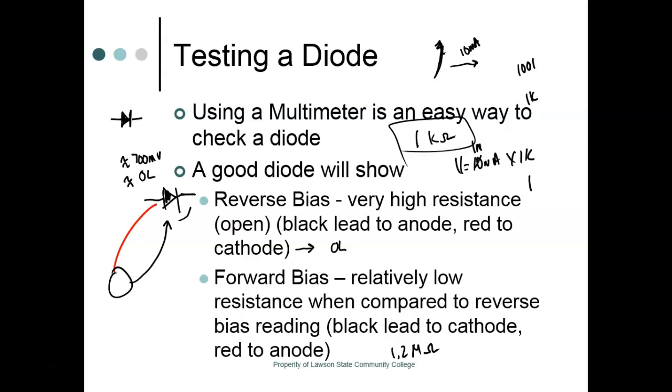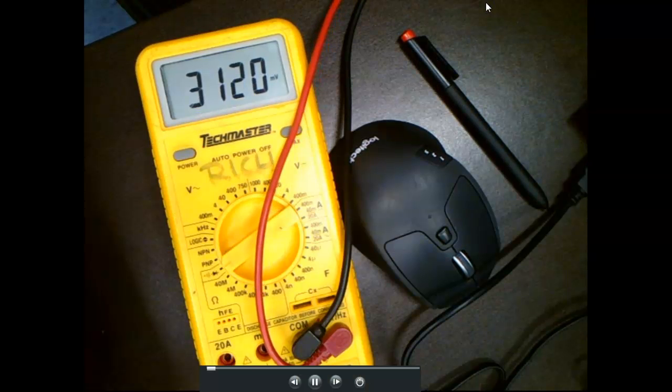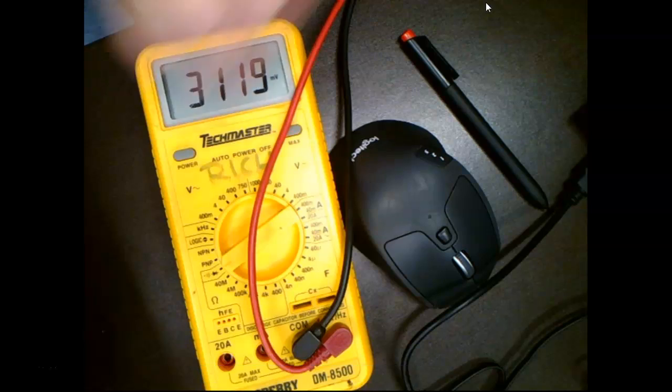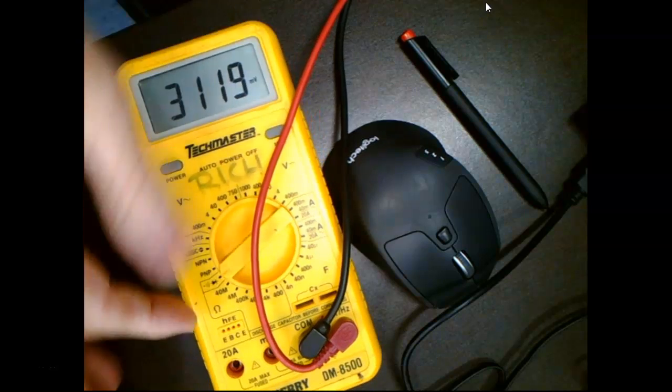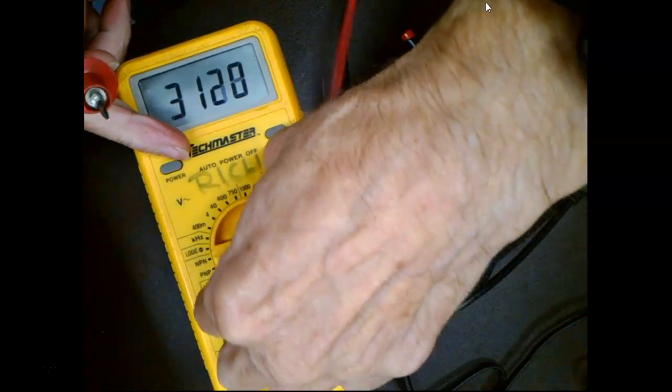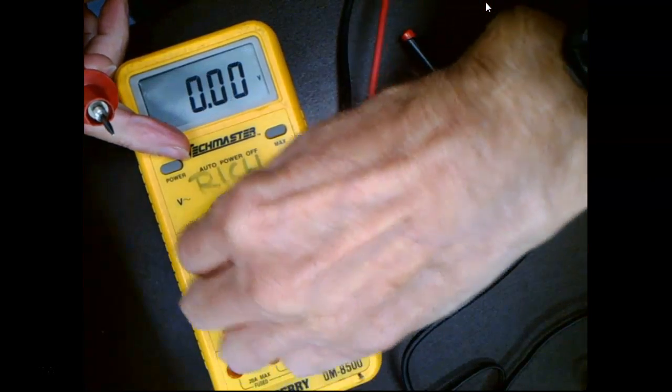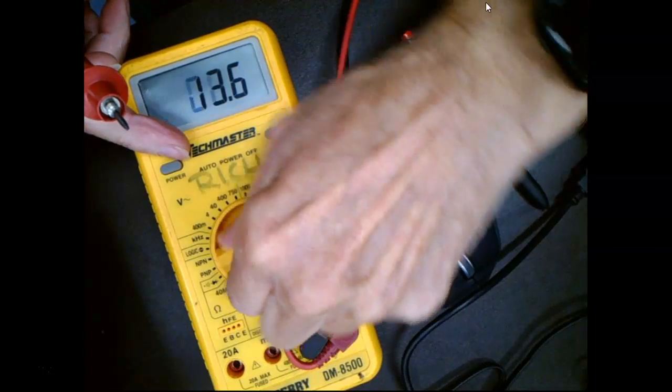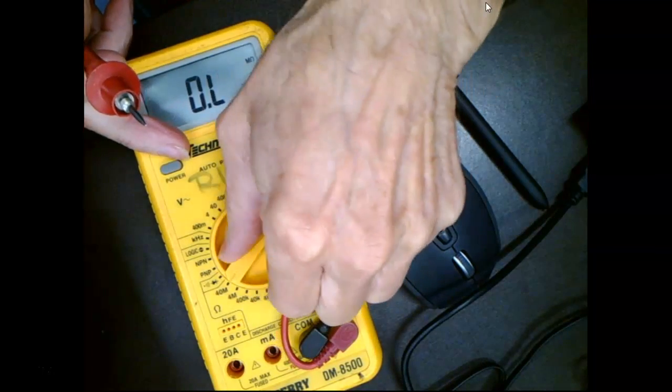The battery's dead in this one. And if you don't read anything, guys, that means your meter might not be putting out enough current. So you might need to change your ohm scale, right? Mine's on ohms. Yours is auto ranging, so yours should be okay.